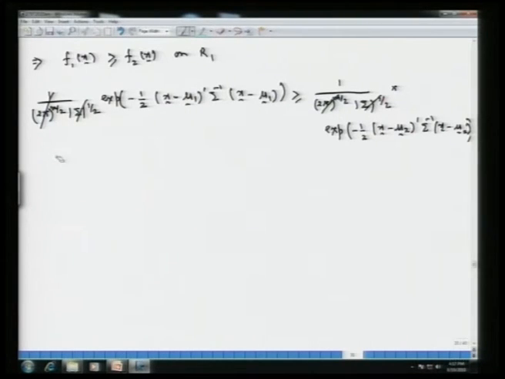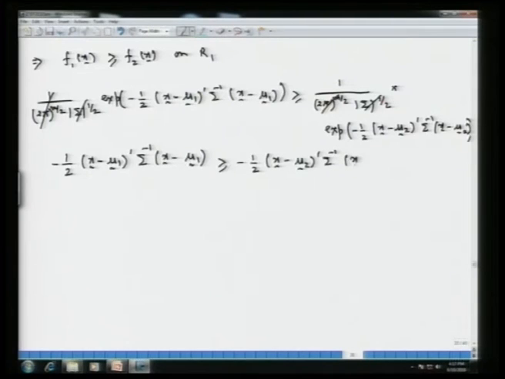Taking log on both the sides, what we can see is that this is minus half (x minus mu1) transpose sigma inverse (x minus mu1), greater than or equal to minus half (x minus mu2) transpose sigma inverse (x minus mu2). Let us write the terms out here. This minus half can be absorbed because it is common on both the sides.